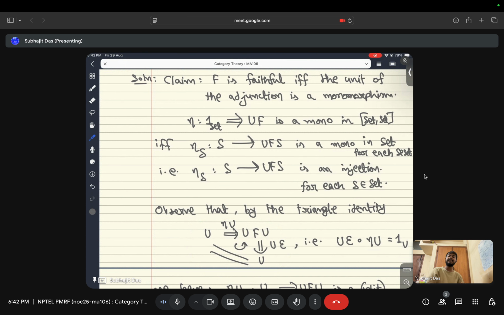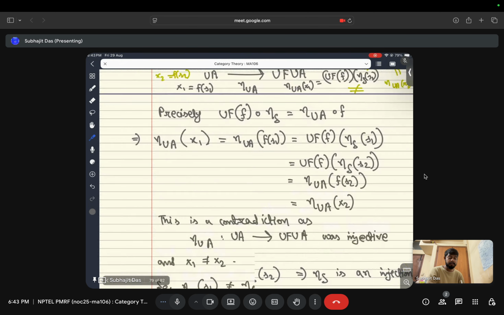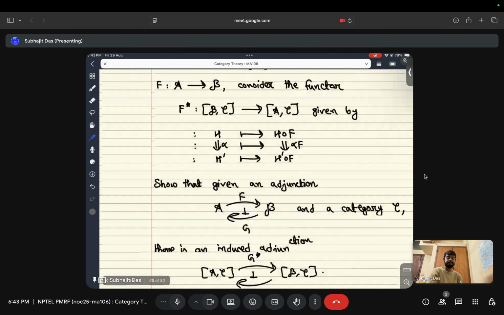Eta G always has a left inverse. So eta G is in particular always a monomorphism in the functor category from B to A, where G was from B to A. Okay, that is the idea that we sort of exploited for this.